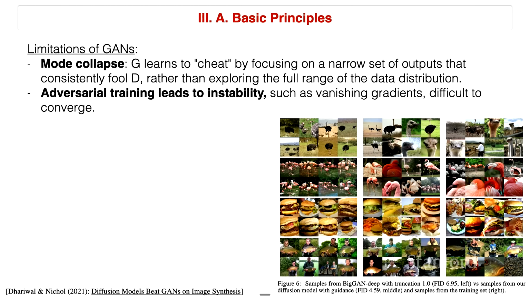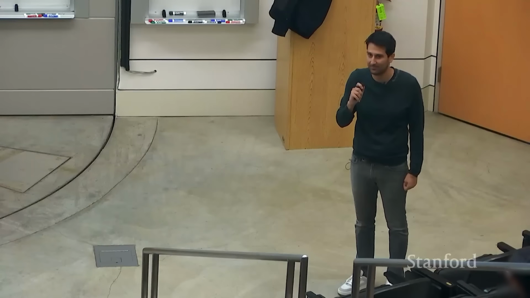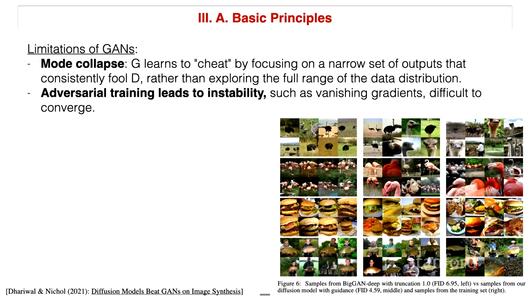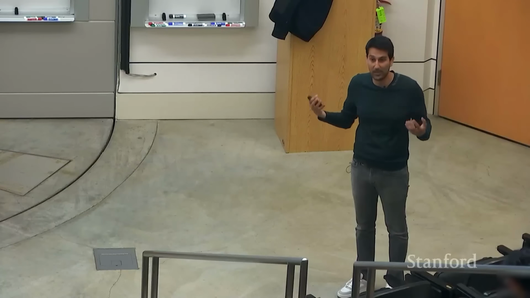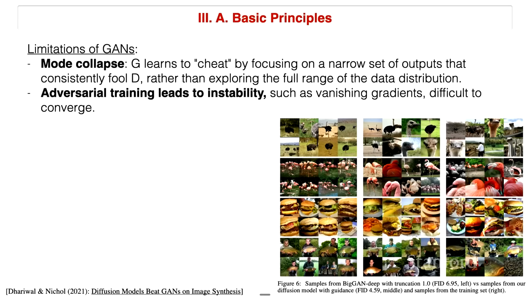And it managed to fool the discriminator by doing that without actually generating a single flamingo standalone. On the other hand, if you look at diffusion, it seems like the model has understood what a flamingo is, or at least the bigger part of the real world distribution. It's able to generate flamingos in different backgrounds, alone, in groups, different color variations, and so on.